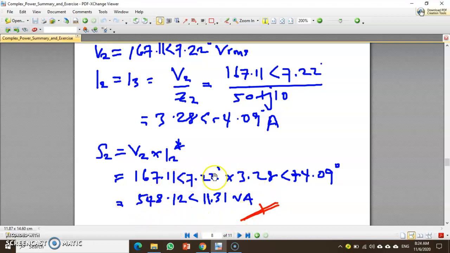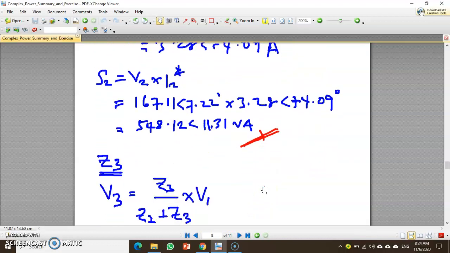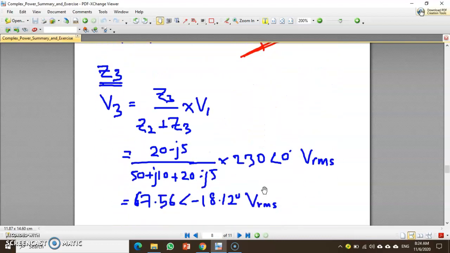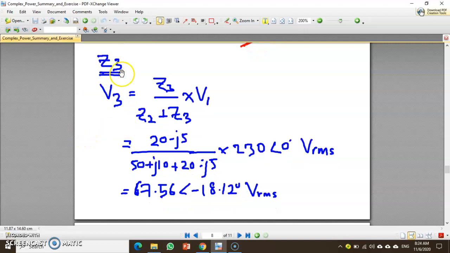Next, for Z3, similarly to Z2, you need to determine V3 by using the voltage divider: Z3 divided by Z2 plus Z3, times V1.